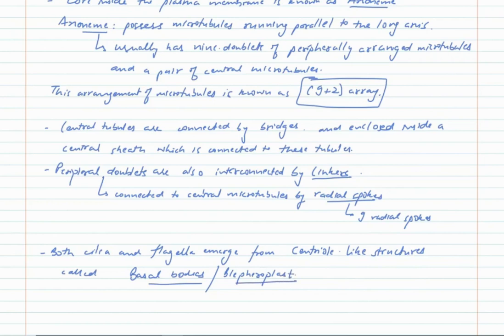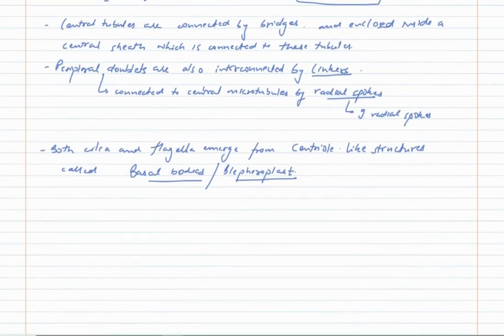Now, talking about the differences between cilia and flagella. Cilia are smaller in size, approximately 5 to 10 micrometers, whereas flagella are comparatively larger.